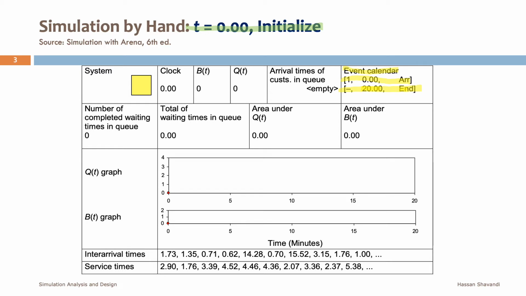So the first event is an arrival at time 0, part number 1. So here at time 0 we have the arrival of part number 1. As you see here, part number 1 is in the system, and since the machine or server is idle, it goes directly to the machine and service is started.